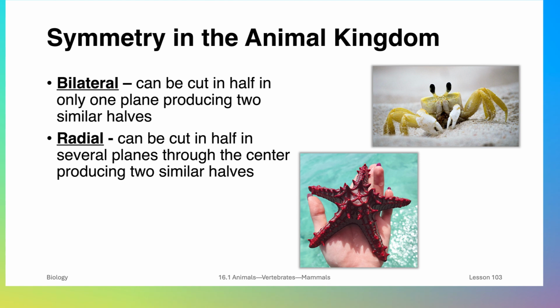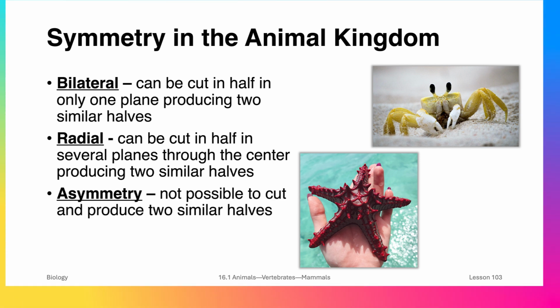The second kind is called radial symmetry. In radial symmetry, an organism can be cut in half in several different planes through the center and produce similar halves. The last is asymmetry. Asymmetry is when it's not possible to cut the organism in any way to produce two or more similar halves.